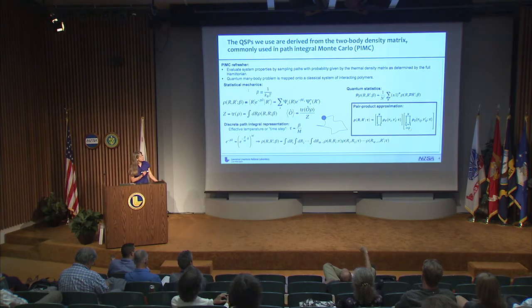Now, the other thing that's necessary is that you have to calculate these high temperature density matrices, where this now becomes an effective temperature that's higher, and you can make certain approximations to calculate the high temperature density matrix and relate it back to the temperature that you are actually interested in.